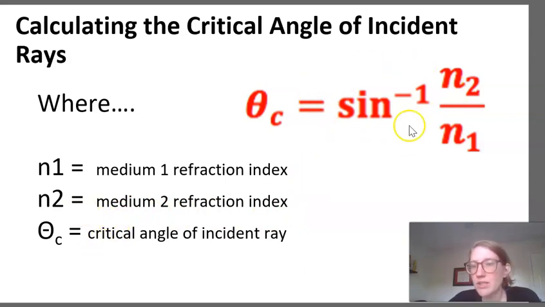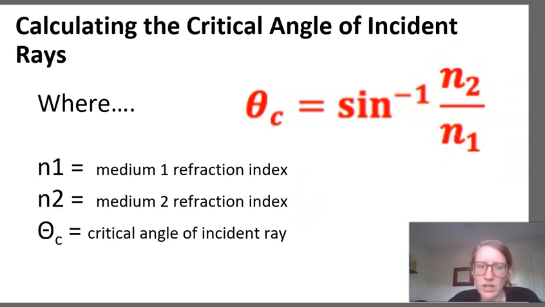All right, simple equation: critical angle is equal to inverse sine of n2 over n1. And it's important to remember that n1 cannot be greater than n2.